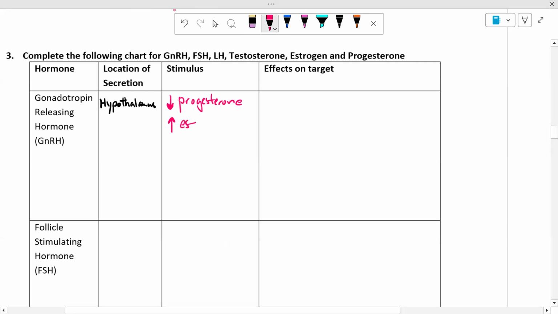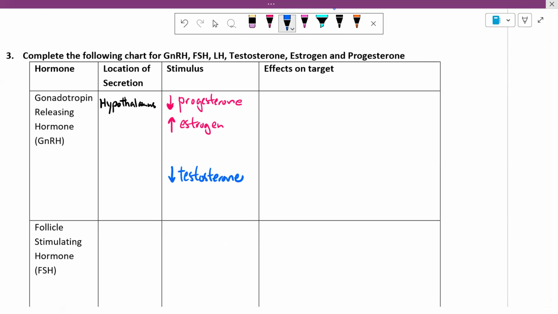Estrogen? Yes. Remember, estrogen has positive feedback, right? Positive feedback. They will encourage the hypothalamus to release more GnRH. For men, the trigger is drop in testosterone. There we go.